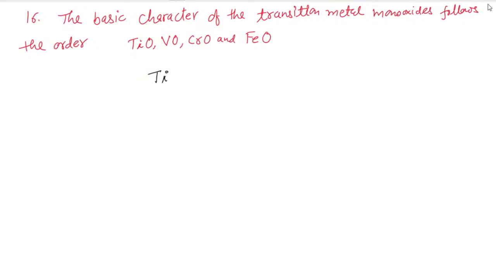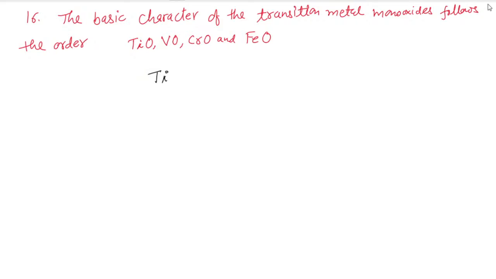Okay, now come to the basic character of transition metal oxides. In this case we have titanium, vanadium, chromium and iron.